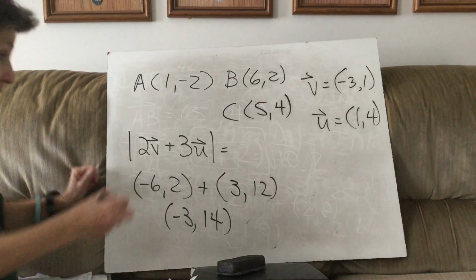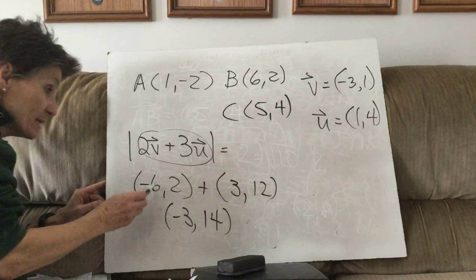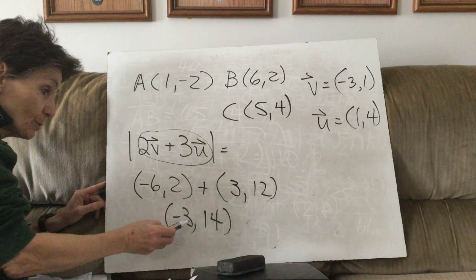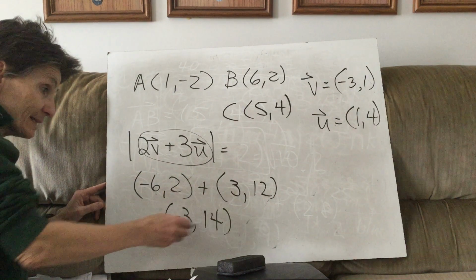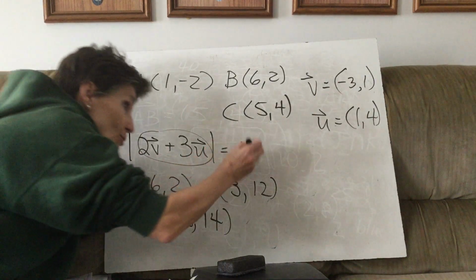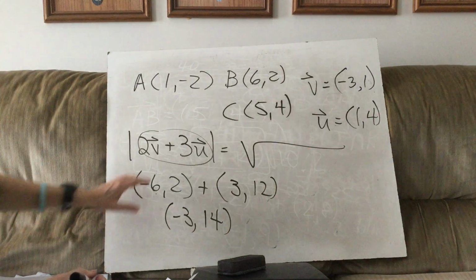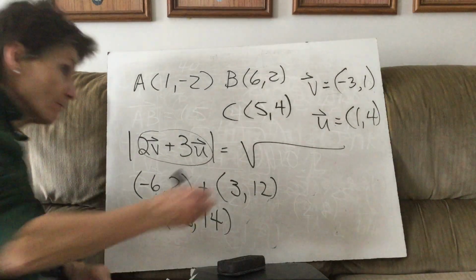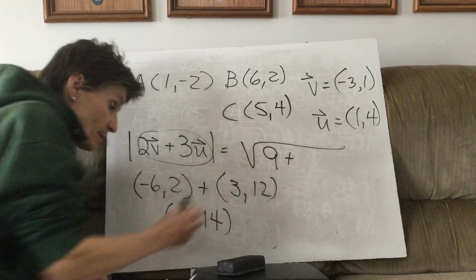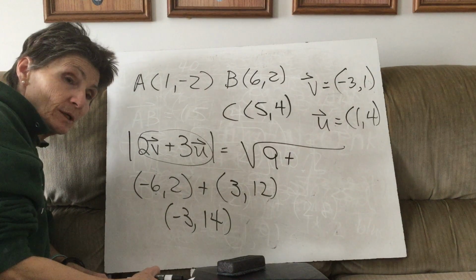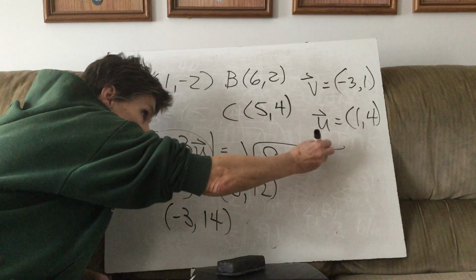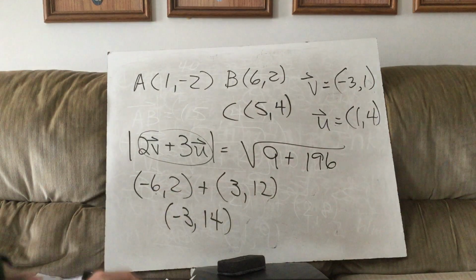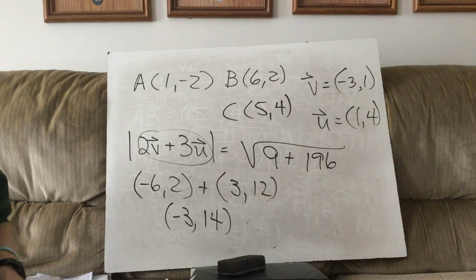Now this is all of this. We did 2V plus 3U, we added it together and got this. Now we need to do magnitude. Remember, when you do magnitude, you square the first one. You square the second one. Oh, goodness, 14 squared, 196. And we add them together.